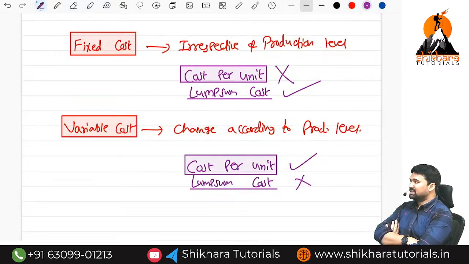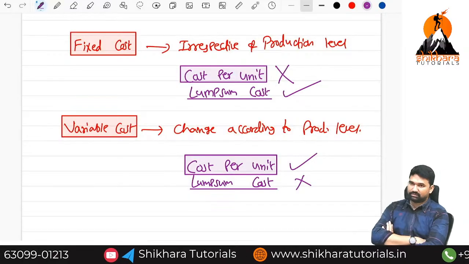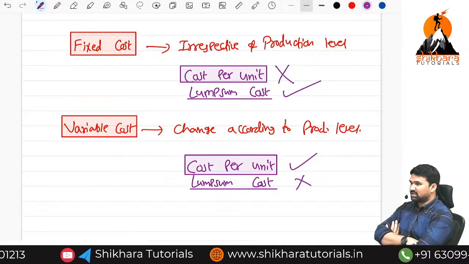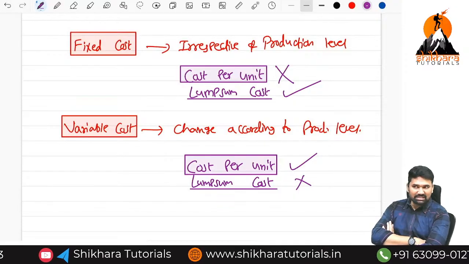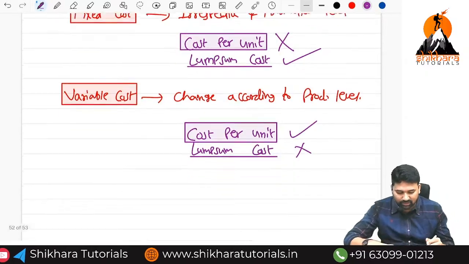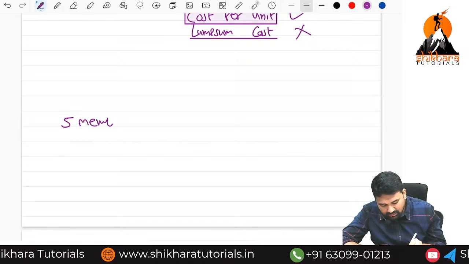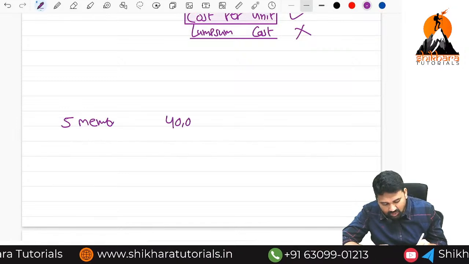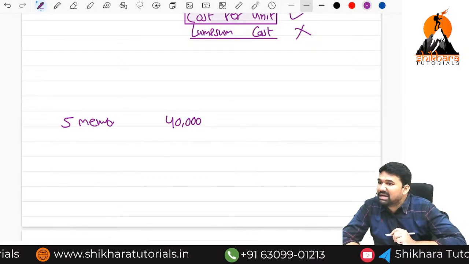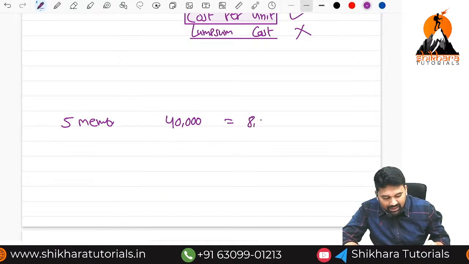So this is the expenditure for your trip, your planned expenditure, 40,000. How many of you are going on the trip? 5 members. So for 5 members, this is the expenditure sheet, 40,000. Very important. It means per head how much? 8,000.